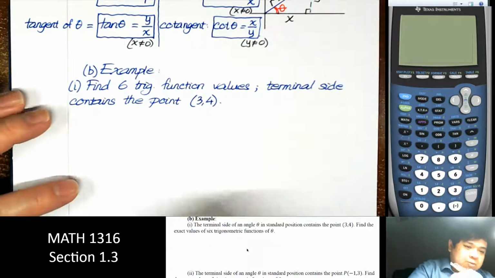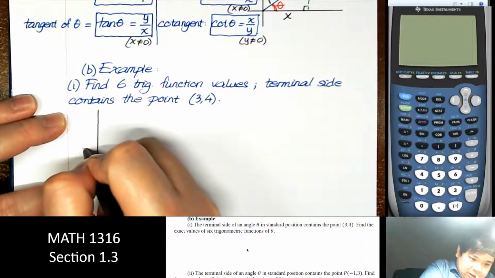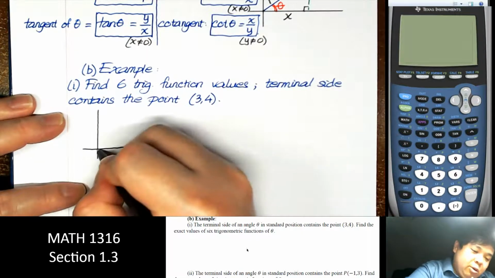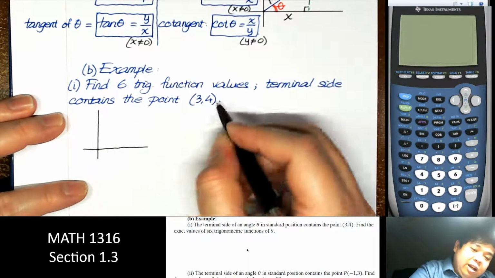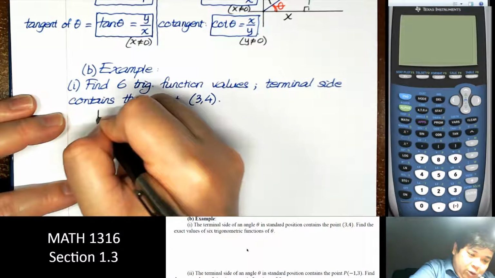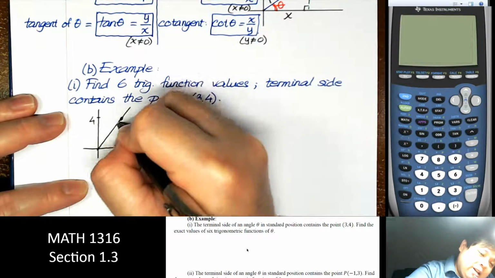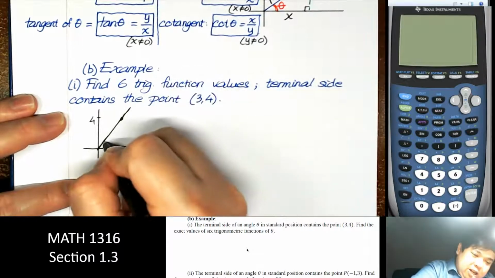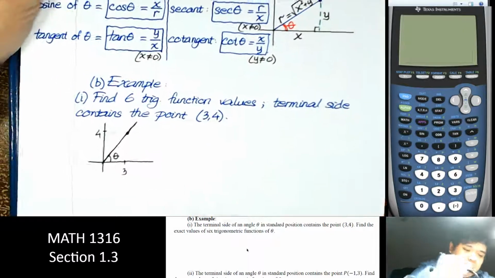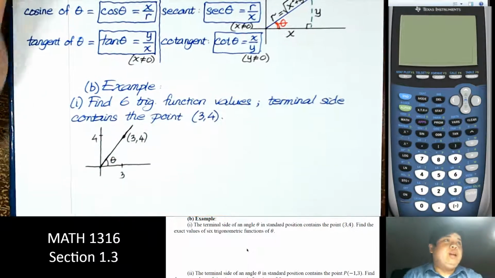So I'm going to draw the sketch real quick. We have a terminal side where we have the point x equal to 3, y equal to 4, and the angle is this. Right, so that's what we have.